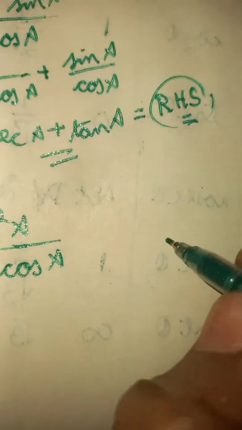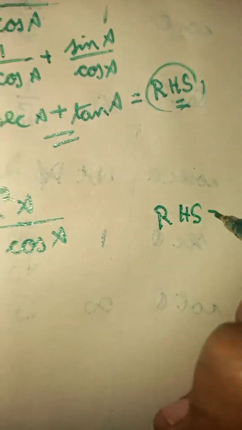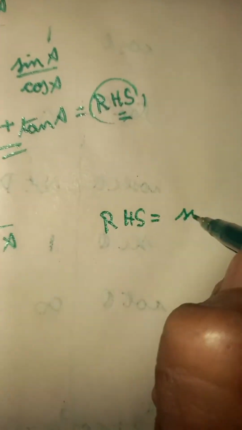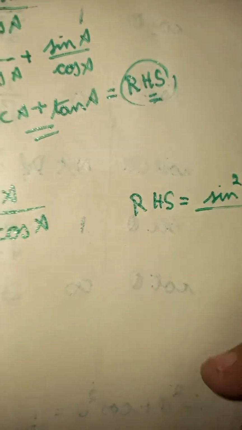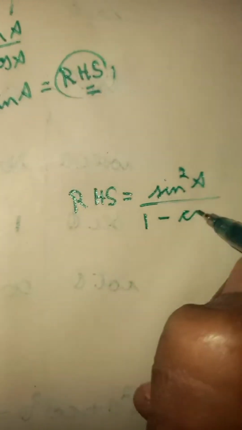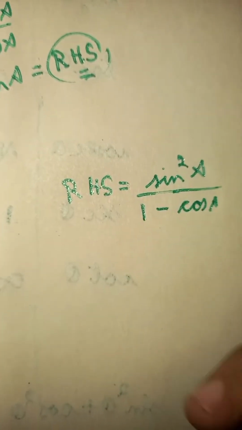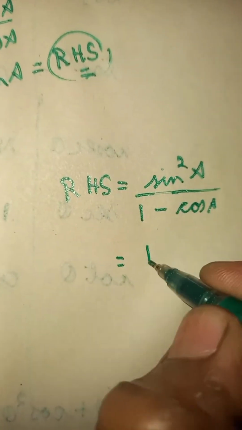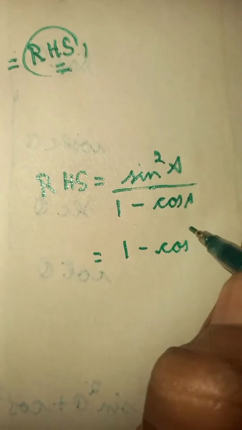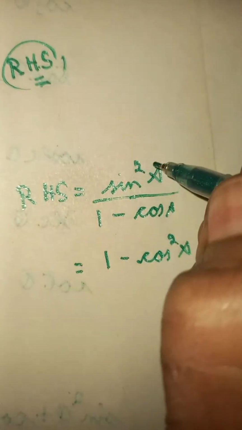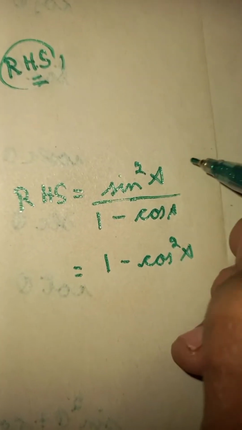Let's simplify RHS here. RHS is sin square A by 1 minus cos A. The sin square A you can write as 1 minus cos square A, because sin square A plus cos square A equal to 1.